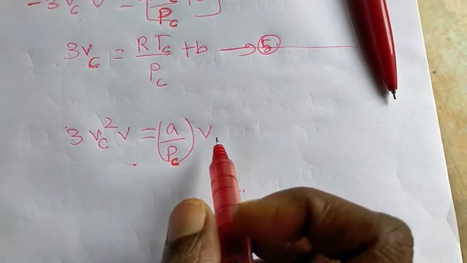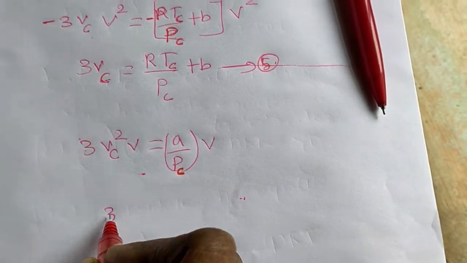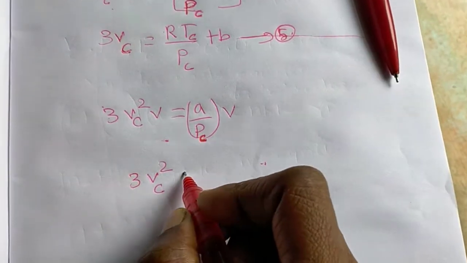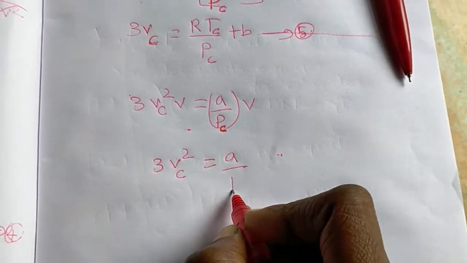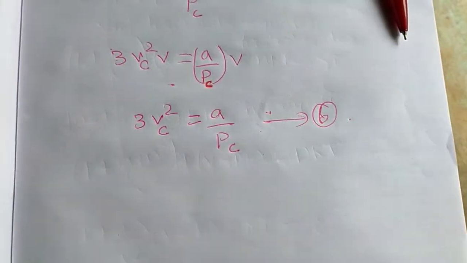Now you can cancel the common term V and V, then the remaining is 3Vc square equal to A by Pc. Name this as equation 6.